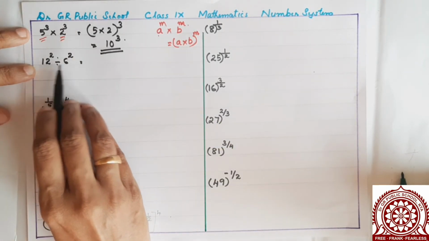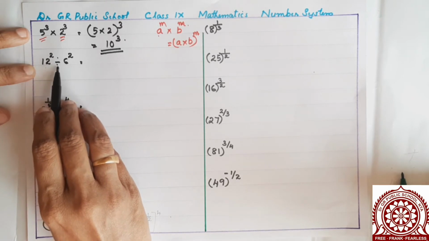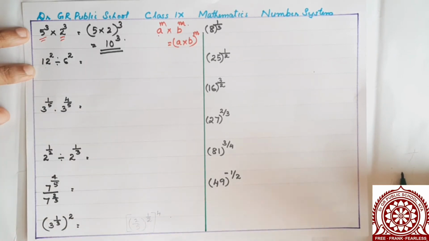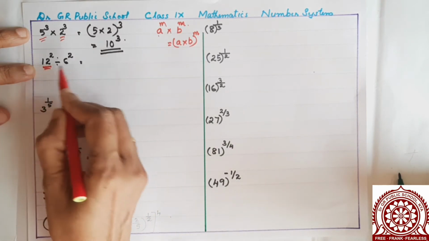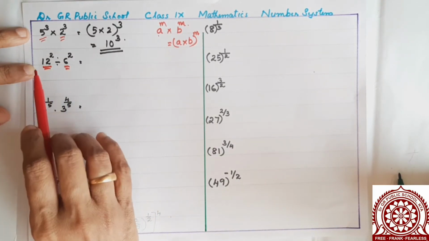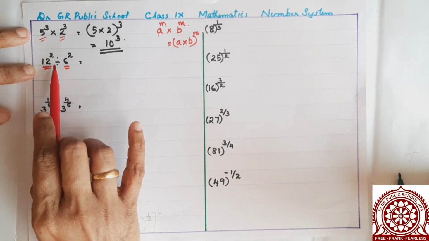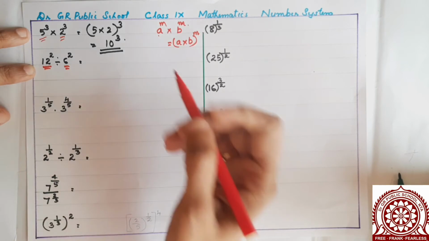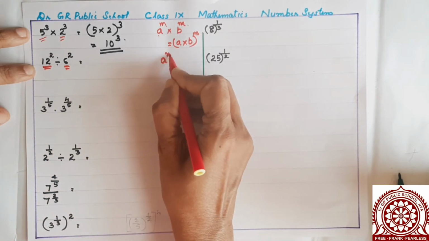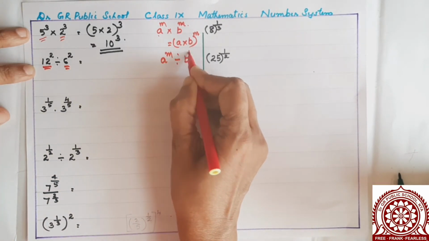Now come to this question. 12 raised to 2 divided by 6 raised to 2. Bases different. What are the bases? 12 and 6. So again same method. A raised to M divided by B raised to M. What is A raised to M divided by B raised to M?